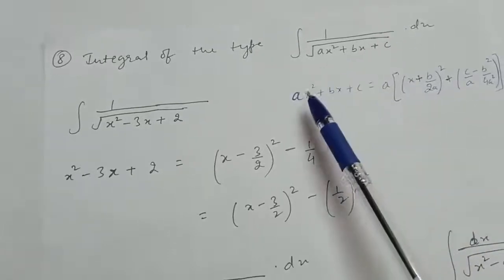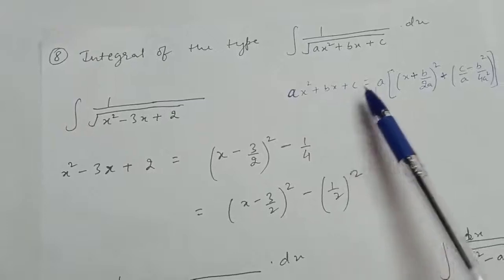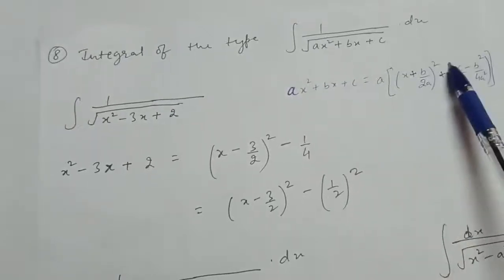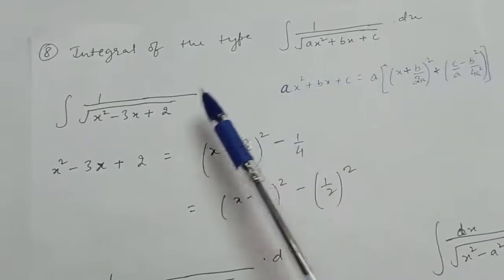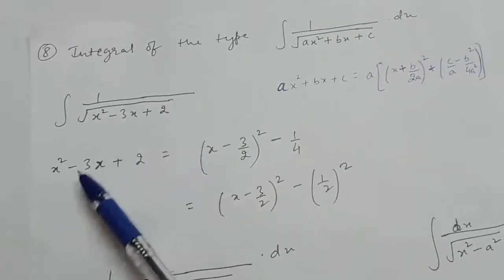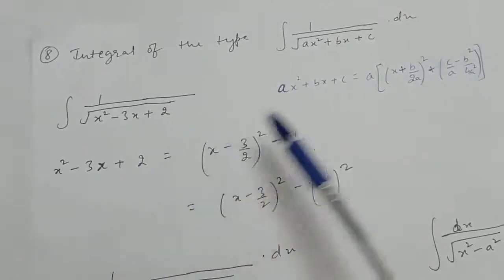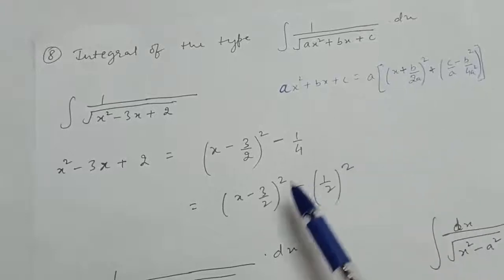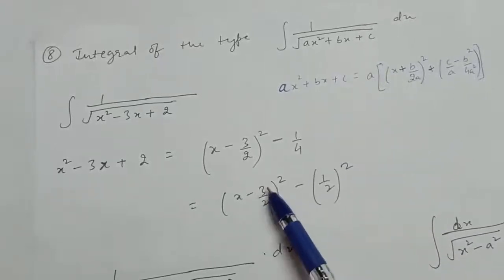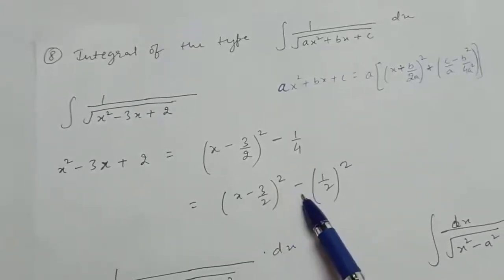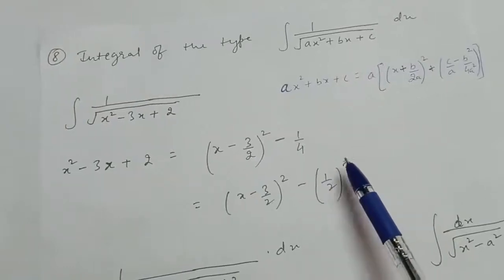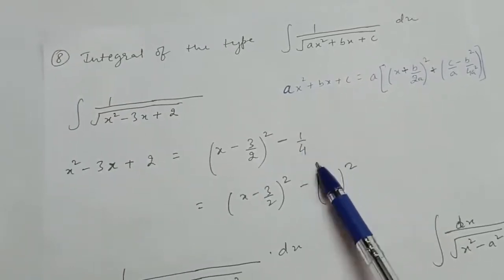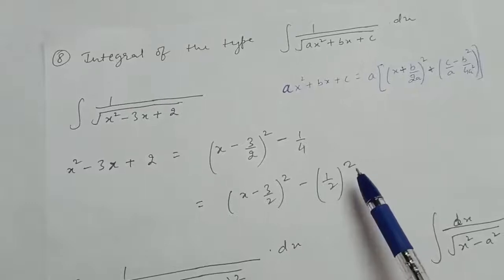So first of all, write this ax square plus bx plus c into this, right? So let us understand this by an example. If this is given, x square minus 3x plus 2, applying this formula you will get it as equal to x minus 3 by 2 whole square minus 1 by 2 whole square. You will get 1 by 4, and this 1 by 4 is nothing but 1 by 2 whole square, right?